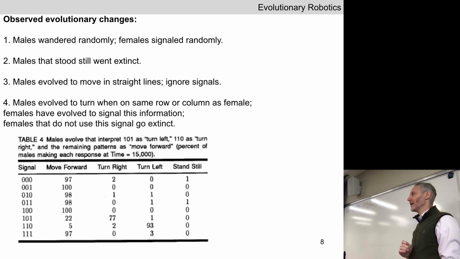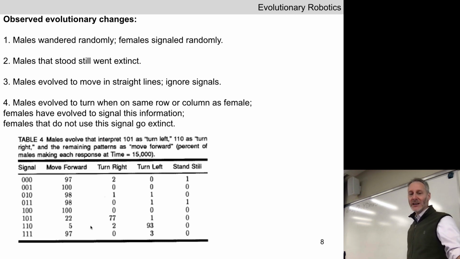Probably not. Why not? Most of the time, the females would probably want the males to go straight until they're in alignment with them. Maybe the females might want them to move straight. We'll mentally put scare quotes on everything as we go, but generally speaking, probably yes.